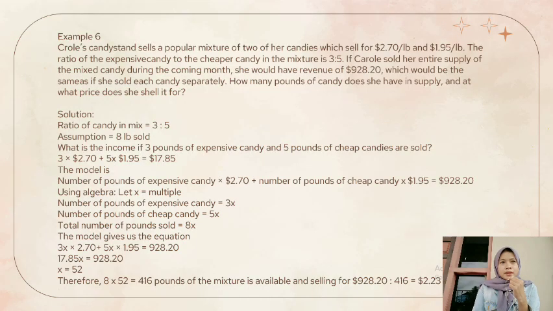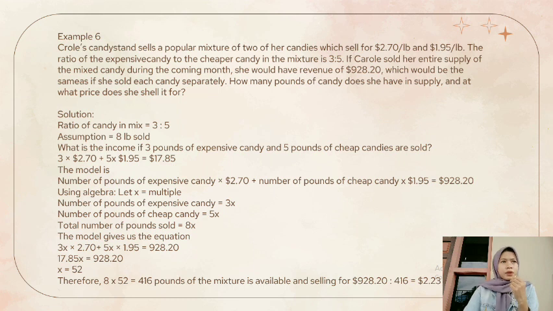Next, example 6. Carol's candy stand sells a popular mixture of two of her candies which sell for $2.70 per pound and $1.95 per pound. The ratio of the expensive candy to the cheaper candy in the mixture is 3 to 5.